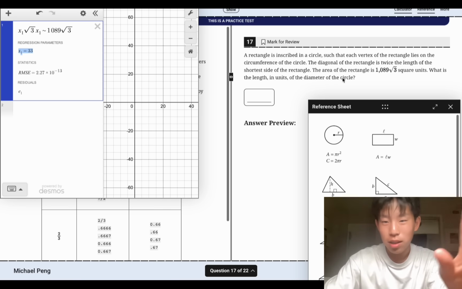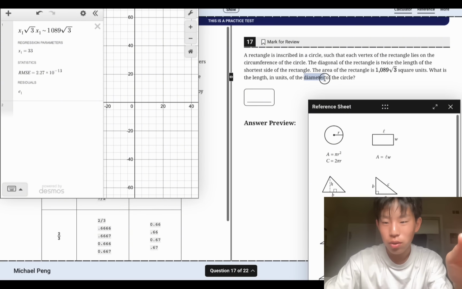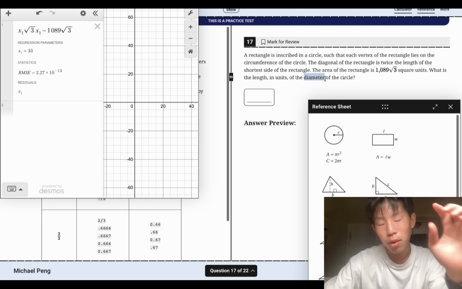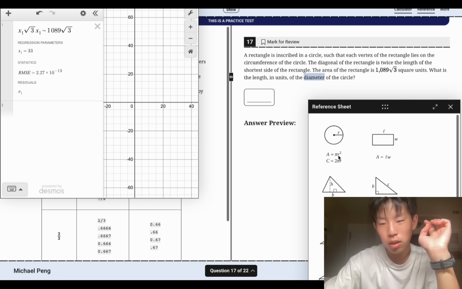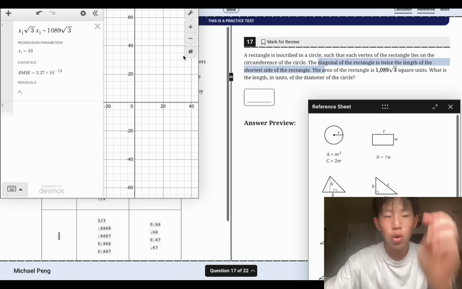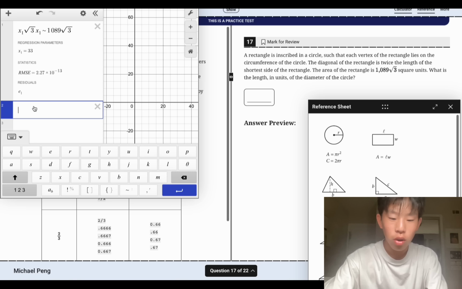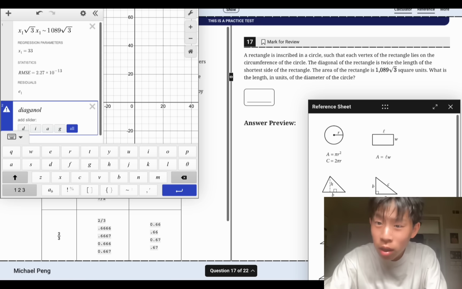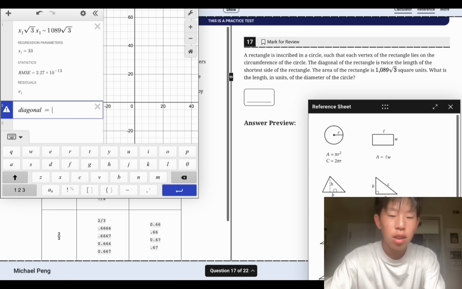But no first, because it's asking for the diameter of the circle. So how in the world do we get the diameter of the circle from the smallest side of the rectangle? Well, it tells us that the diagonal of the rectangle is twice the length of the shortest side of the rectangle. So we know that the diagonal, is that how you spell it? Yo, lock in. Equals 66. Why?